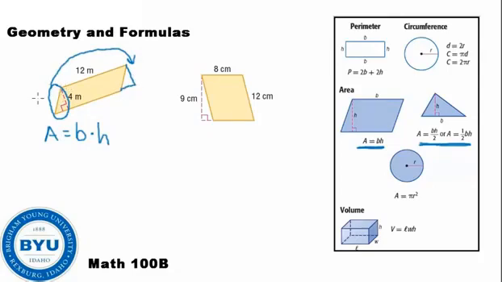That's why they have the same area formula, which is kind of interesting. So here we would do area equals the base, 12 meters, times the height, 4 meters, to get 48 meters squared.